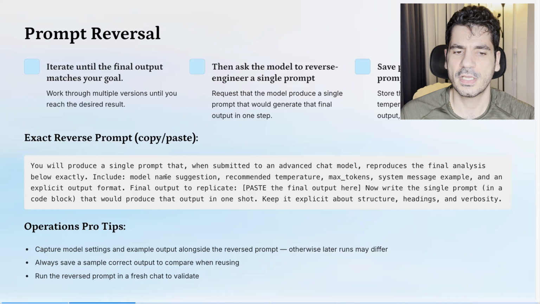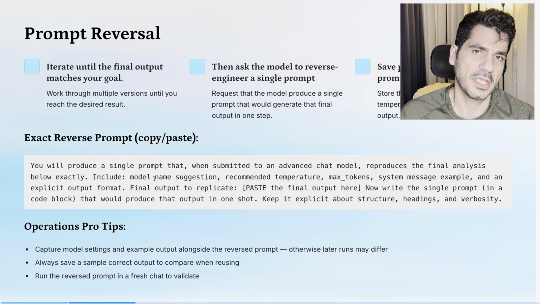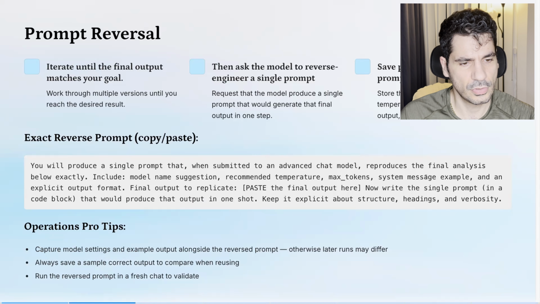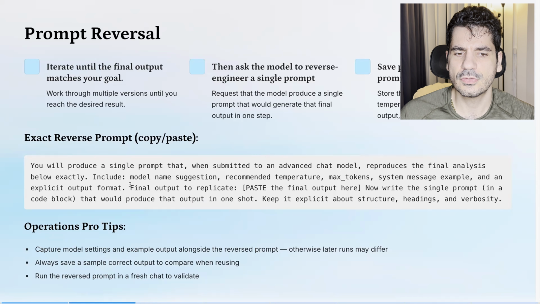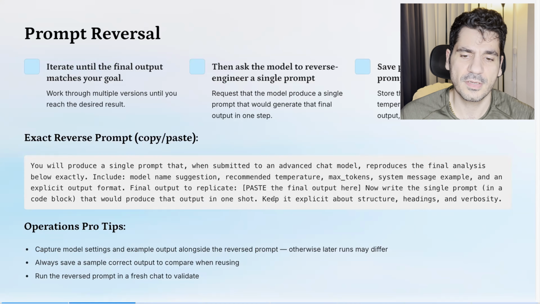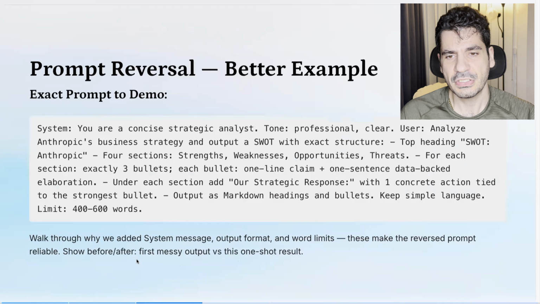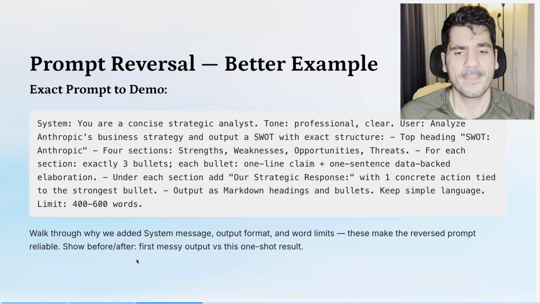You want to write the model suggestion, recommended temperature, and so on. If you don't have the API and you're just in chat mode, you don't write these parts. And then you want to have a final output to replicate this. Now write the single prompt that will produce it, and what you care about is mostly the structure, heading, and verbosity. Here is another example.